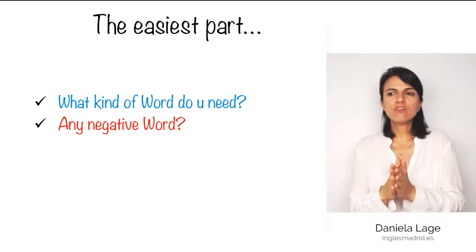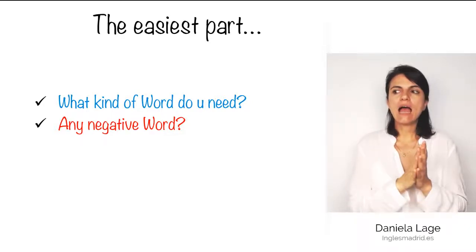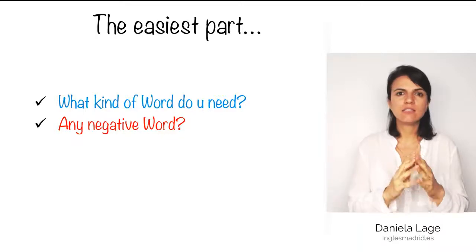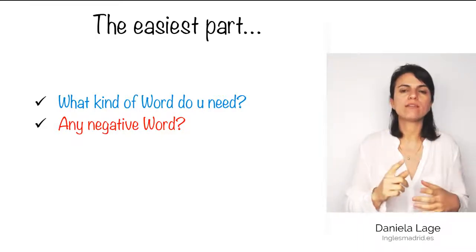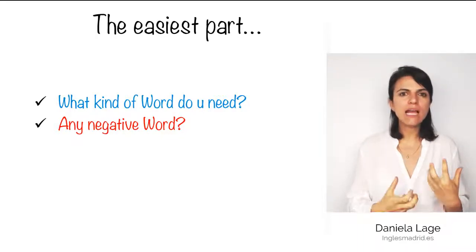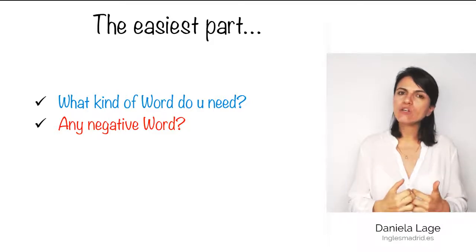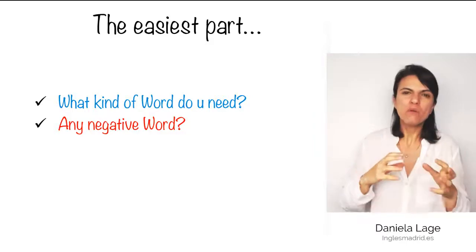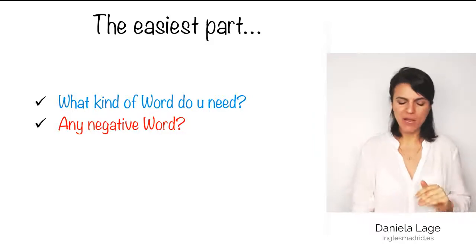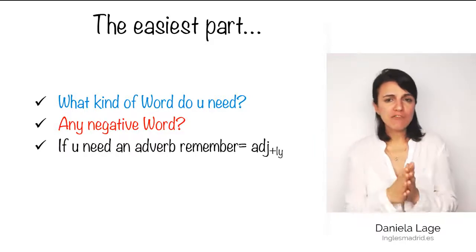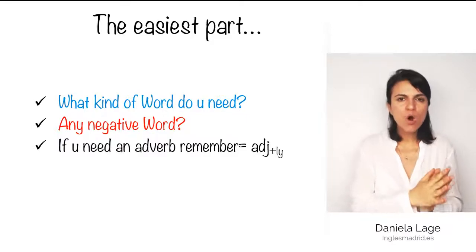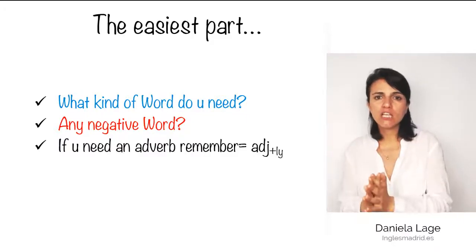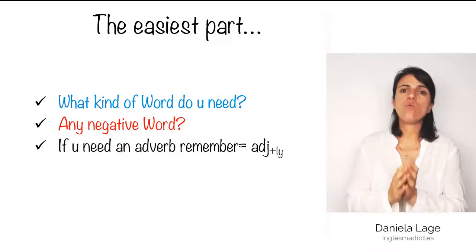You know, before 2015, I can say that in this exercise there was always one negative word. Nowadays, it's not so clear, but I recommend you read it again because probably there is one. Then if you need an adverb, most of the adverbs in English finish in ly.